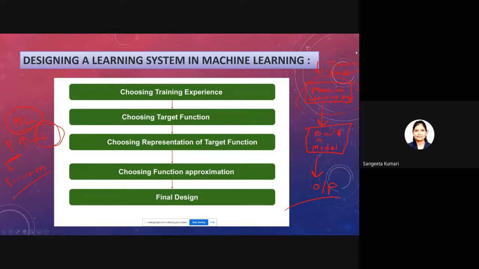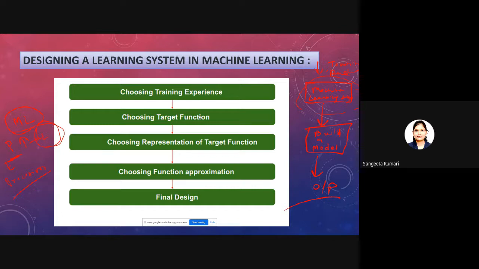The second step here is choosing the target function. So once you know what will be my input, the second step is to choose the target function. So what does the target function mean? Once that input data is fed to the algorithm, the next move in the game example, right?